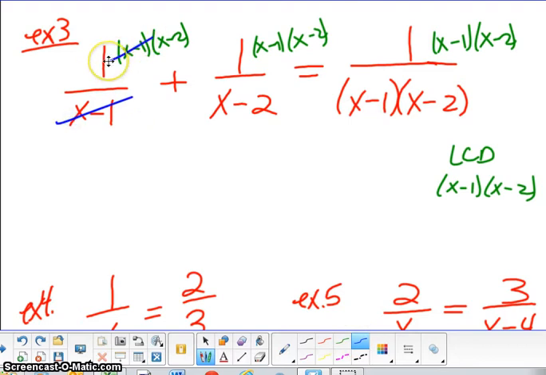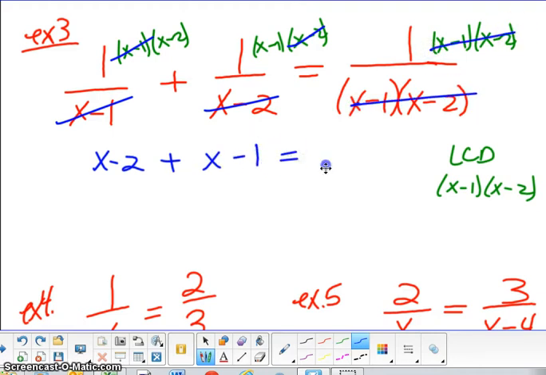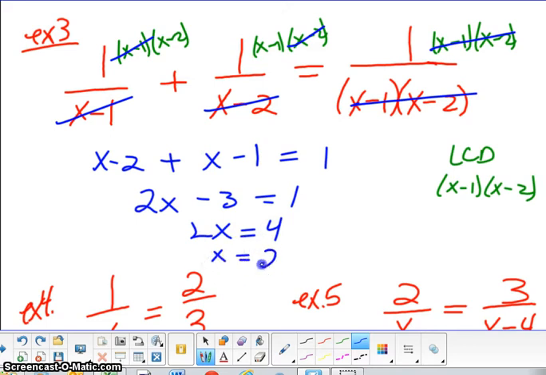So watch this. The x minus 1's are gone. The x minus 2's are gone. And all of the denominator and the numerator are gone for the last one. So we end up with 2x minus 3 equals 1, 2x equals 4, and x equals 2.